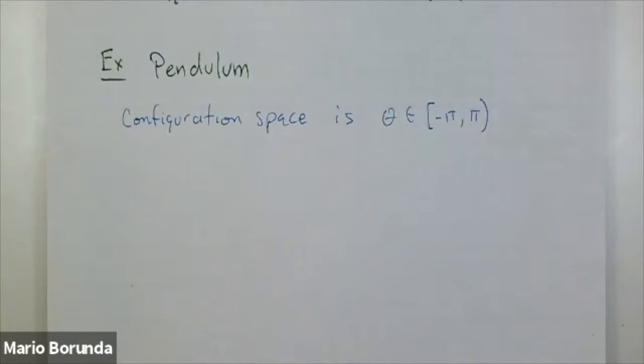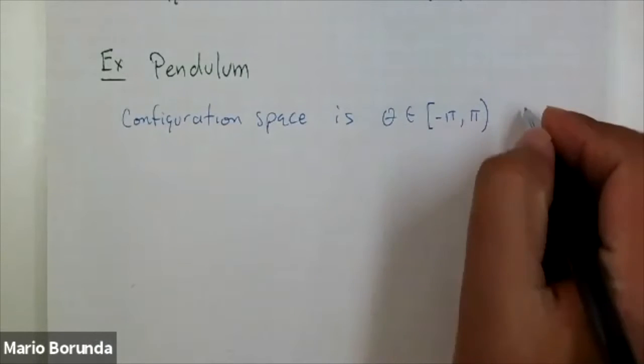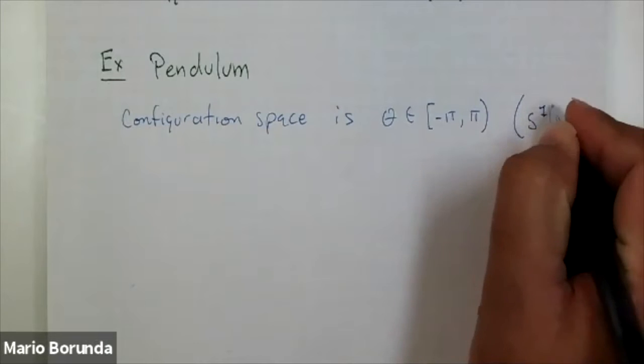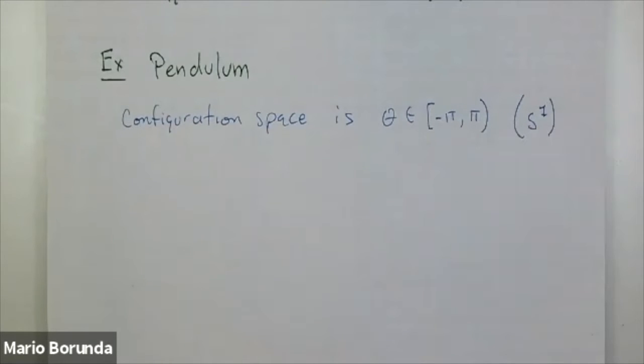Like this. And that means that's configuration space. So if you look at it, this is one configuration space. And that's all you have to worry about.